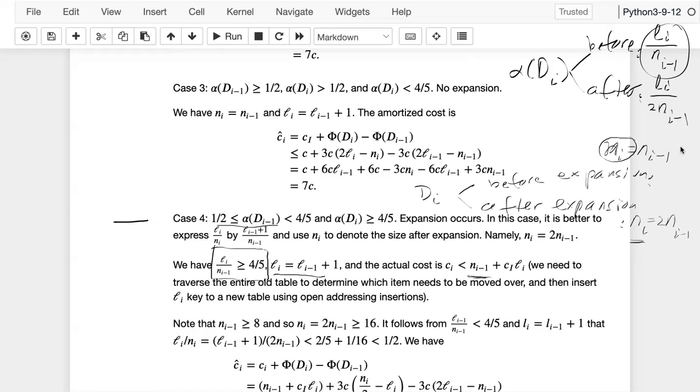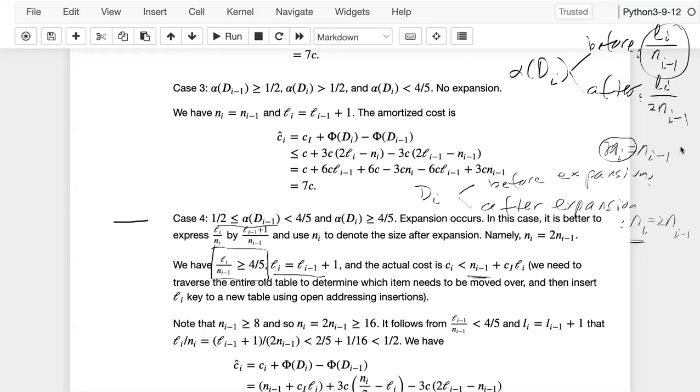And then for each non-tombstoned key, we need to move over to the new table following the open addressing procedure, which means we're going to compute the hash value of each such key.